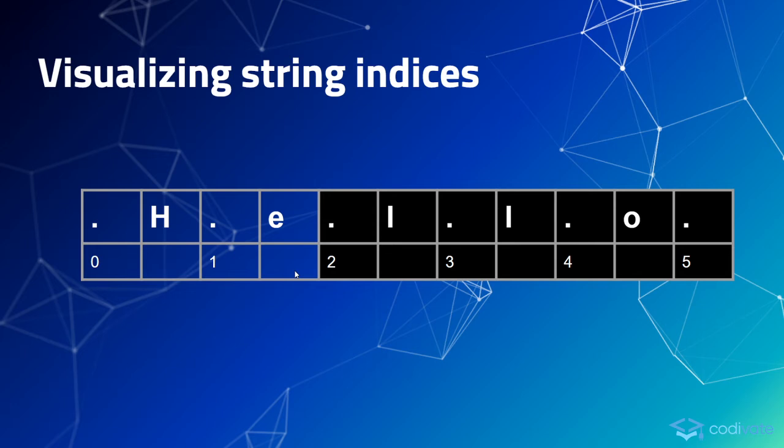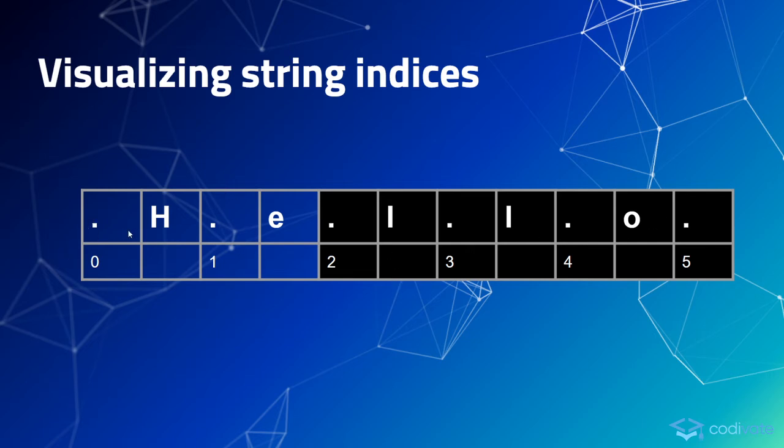One way that is useful to visualize string indices when we're slicing is to draw these dots in between all of the letters or characters inside the string. So once we have those dots, each of those dots can represent an index.